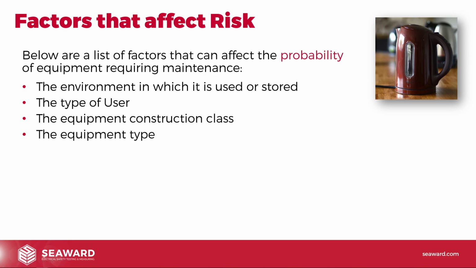Equipment type. What we mean by equipment type is: is it stationary, is it movable, is it portable, is it handheld? You can imagine stationary equipment in general terms is going to be in one fixed position. It's not really going to be moved around once it's put in site. The cable's probably tucked away behind it, so it's not going to get yanked or moved about. So the probability of that type of equipment being damaged is lower than something that's portable, that's been picked up, put down, the lead's been run out to a socket, it's been unplugged, plugged, unplugged, the lead's been moved around.